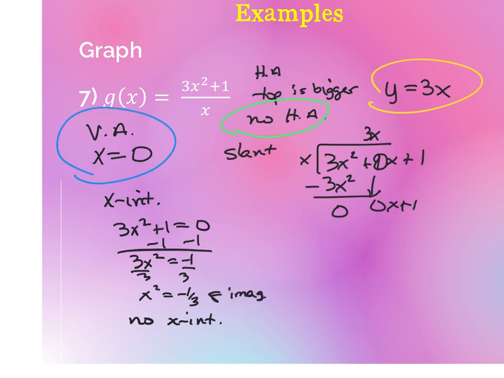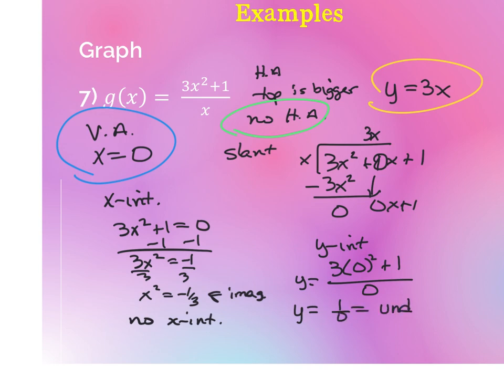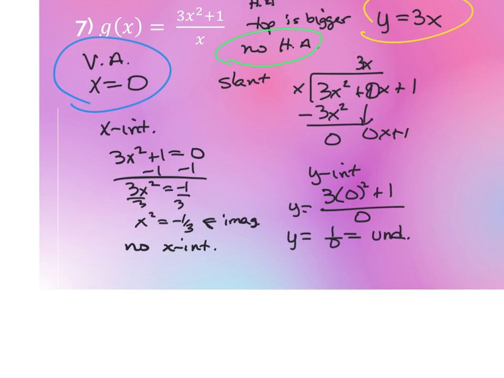We only want real. For the y-intercept, we're setting x equal to 0. So 3 times 0 squared plus 1 over 0. Anything divided by 0 is undefined. So this also has no y-intercepts.